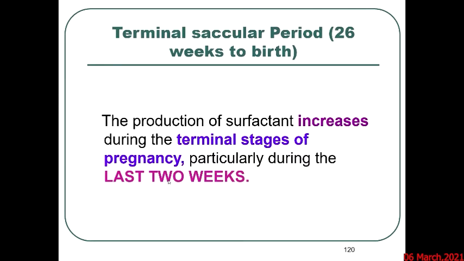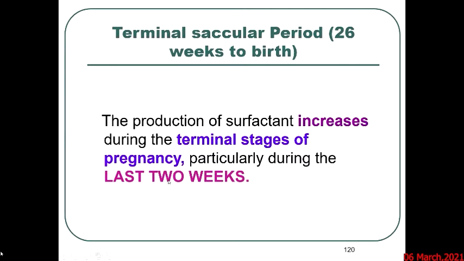Production of surfactant increases during the terminal stages of pregnancy, particularly during the last 2 weeks. Remember, type 2 pneumocytes are formed at the terminal saccular period, but the production of the surfactant, that is a phospholipid, increases during the last 2 weeks.